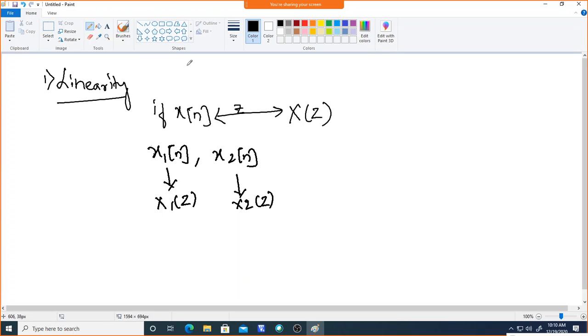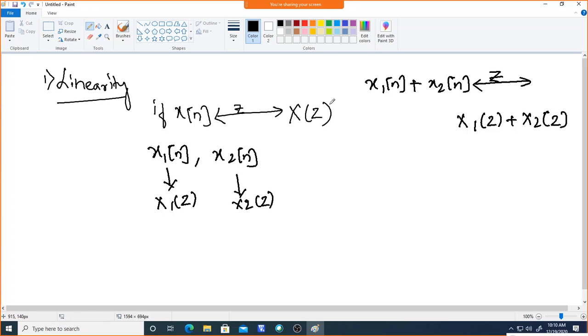Then what this linearity property says is that if you have the addition x1 of n plus x2 of n in the discrete time domain, the corresponding Z transform will give x1 of z plus x2 of z.